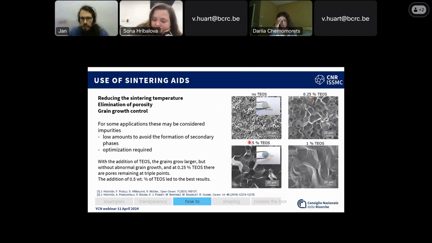And since they also used a production method, in this case stereolithography, that aligned the templates, they already had the green part with alignment of those high aspect ratio particles, and by the use of SPS, they promoted the growth of grains in one direction. And that definitely led to an increase in transparency.